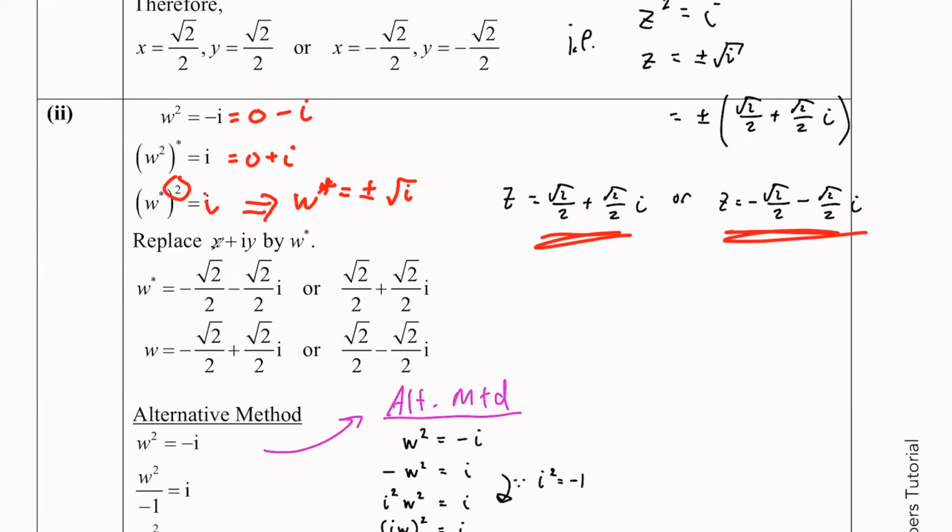Okay, so what they did is they replaced x plus iy by w star. Basically, they just solve for w star. They write down this is the negative square root of i, and that is the positive square root of i. Is that clear? Yeah.